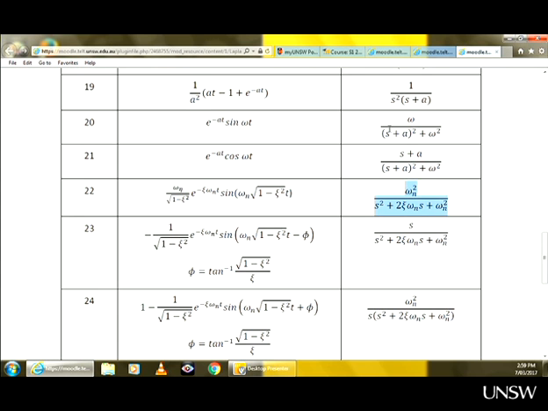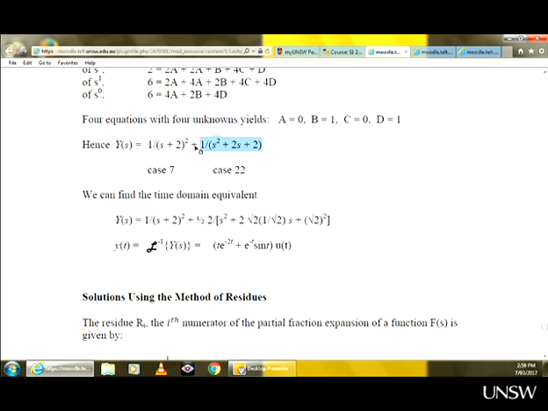Over here, they are not. Here I have 2, here I have 1. So I'm going to artificially create 2 over here. So I'm going to write 1/2 times 2. So 1/2 times 2 is 1, so I haven't changed anything.